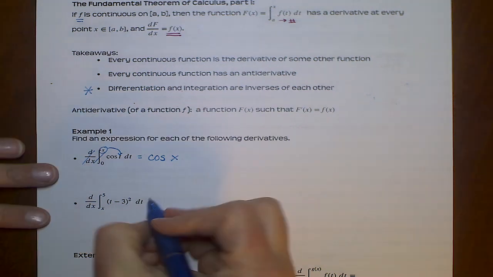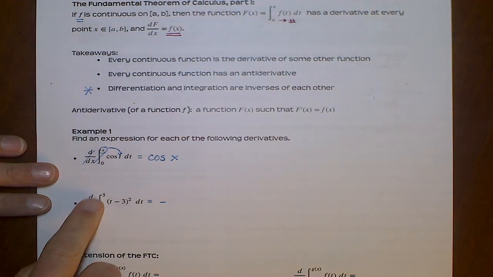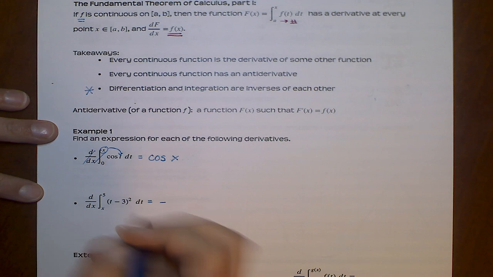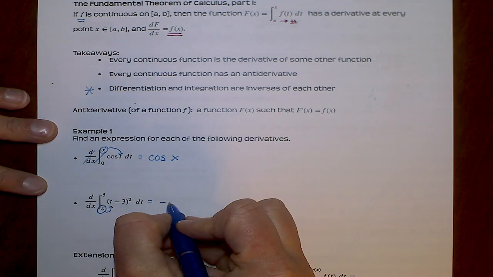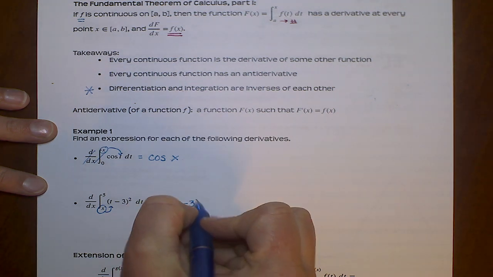All that's going to do is make my answer negative, because we really want to think about this as going from 5 to x instead of x to 5, but that's going to negate my answer. So I'm going to throw a negative in there. Other than that, the same thing's going to happen. The x is just going to go up and live inside this function, so it would just be negative (x minus 3) squared.